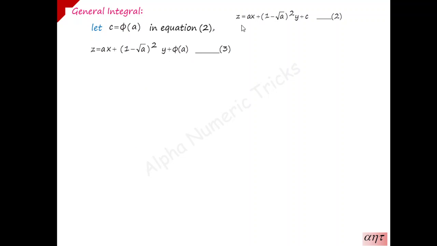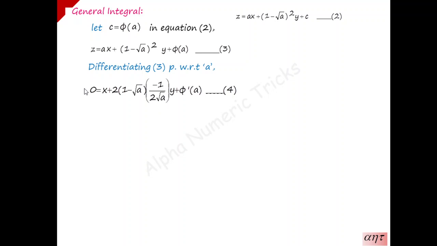Now you have to differentiate. So the two constants are reduced to a single arbitrary constant. Now you have to differentiate this with respect to the arbitrary constant a partially. Then you have ∂z/∂a, which is equal to 0 using the rule again, equal to the differentiation of ax with respect to a, which is x, plus the differentiation of (1 - √a)² y with respect to a, where y is constant, so write it as it is. You have to do the differentiation of (1 - √a)².